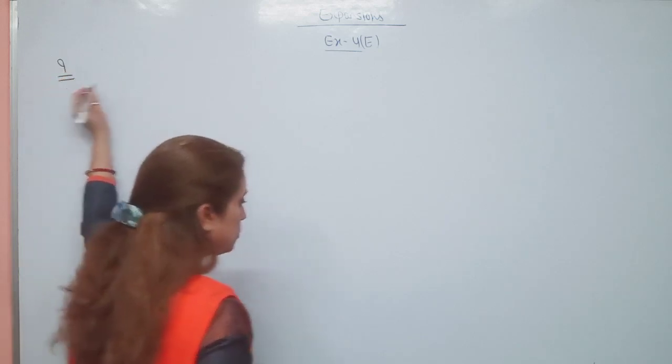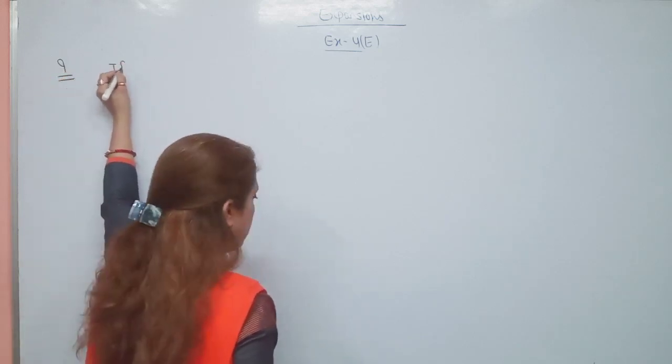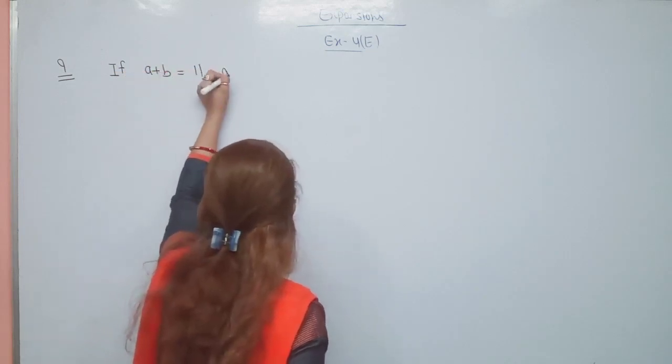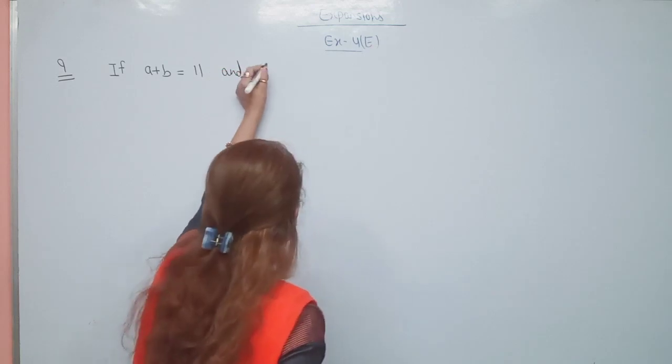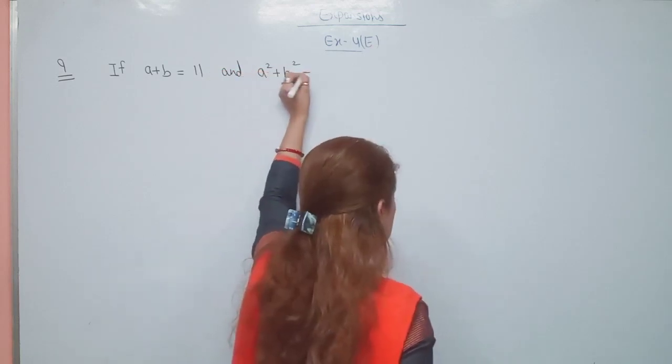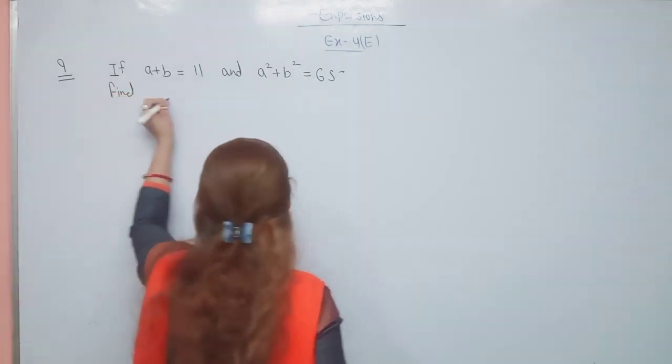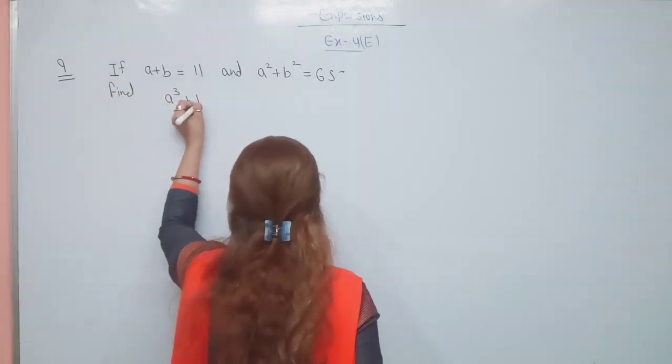This is the last question for today. If a plus b is equal to 11 and the value of a square plus b square is given as 65, find a cube plus b cube.